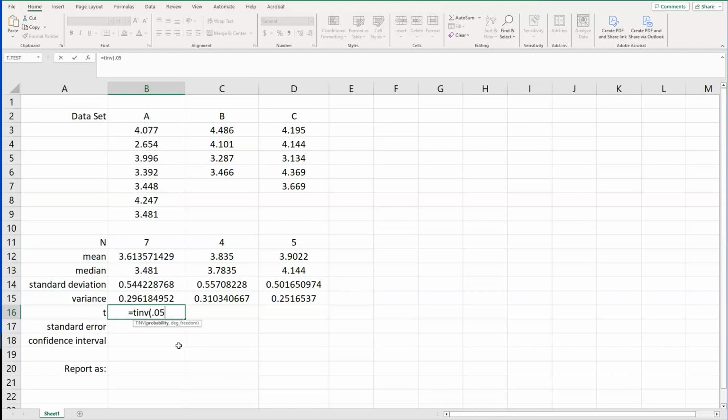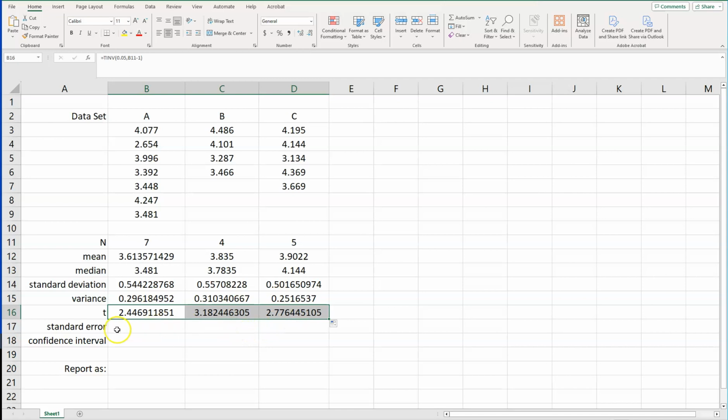If you want 95% confidence, the probability you're going to be wrong is 0.05. And then I'm going to have the degrees of freedom, which is going to be n minus 1 in this case. So I can drag that over and get t-values for the other data sets.